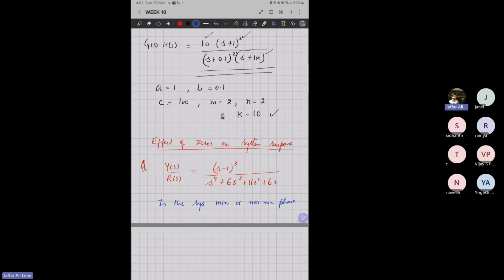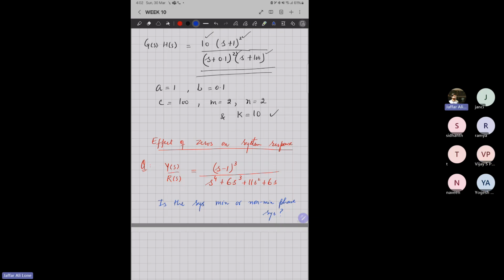So what is the definition of a minimum phase transfer function? All zeros must lie on the left hand side. Not only zeros, but poles as well. Yes, poles as well must lie on the left hand side. So for a minimum phase transfer function, the poles as well as the zeros should lie on the left half of the s plane.